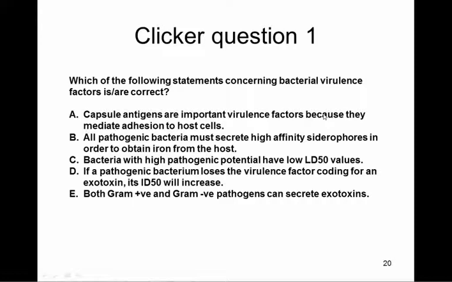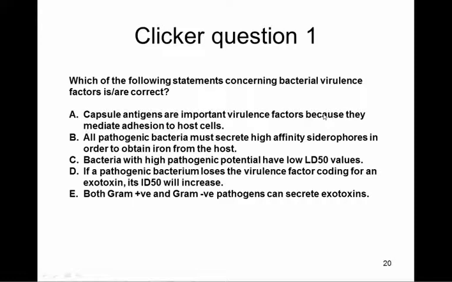Okay, if a pathogenic bacteria loses the virulence factor coding for an exotoxin, its ID50 will increase. Who says yes? Who says no? People who said yes, why? Because you think it's the same as this, right? So if they lose a gene, they become less pathogenic.